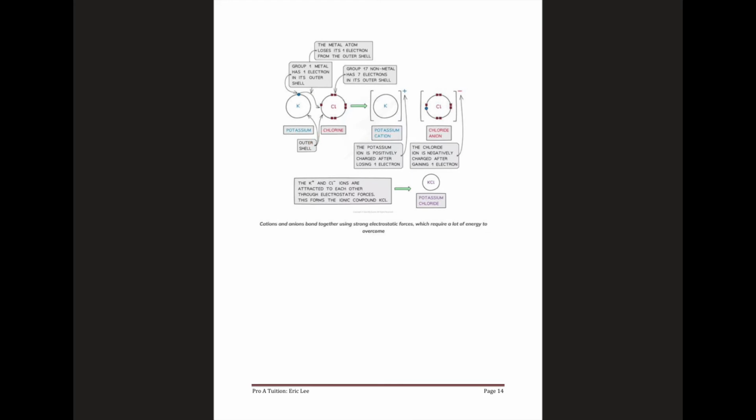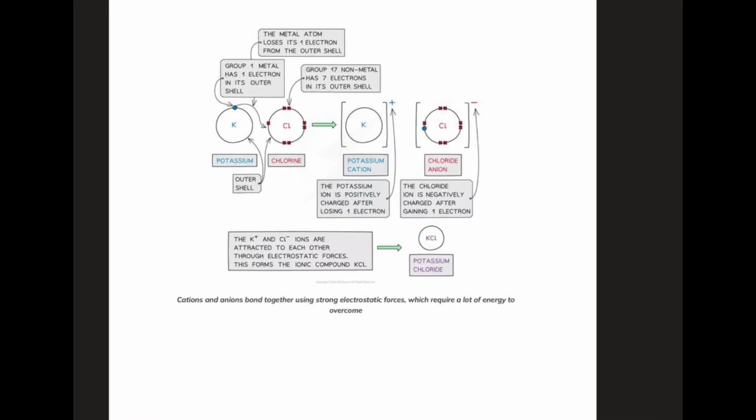Here we can see the formation of an ionic compound. Potassium has 1 valence electron, chlorine has 7 valence electrons. To form an ionic compound, the potassium has to give the electron to the chlorine.